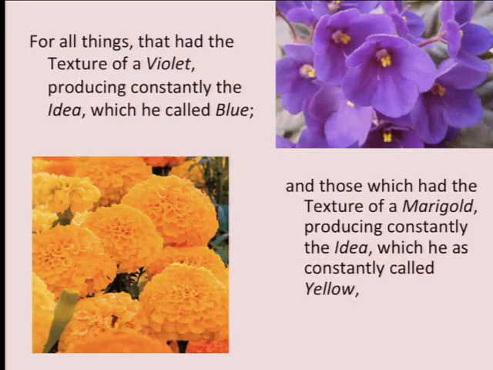For all things that had the texture of a violet, and by texture he means the underlying physical structure, the physics of the violet, all things that have that physical structure, producing constantly the idea which the other guy calls blue. So when the other guy looks at the violet, he's getting the idea that you get when you look at the marigold, but he calls that idea blue.